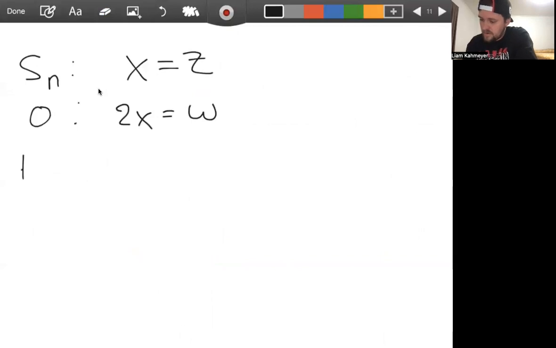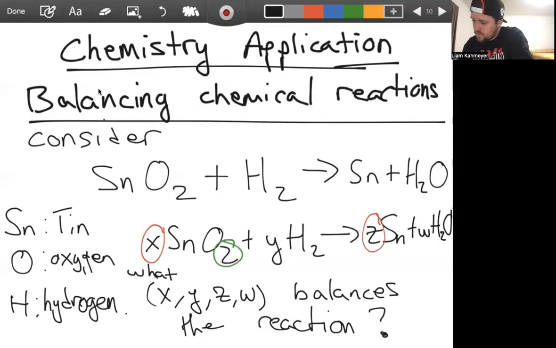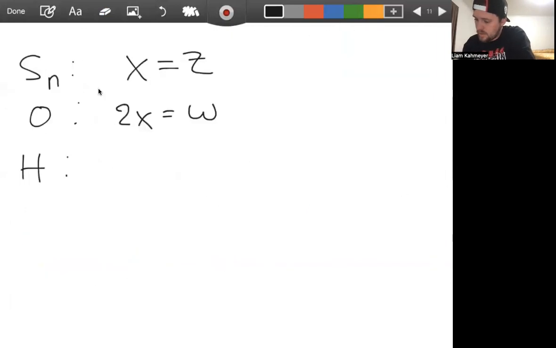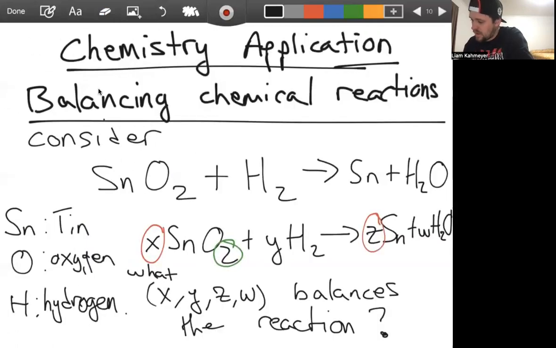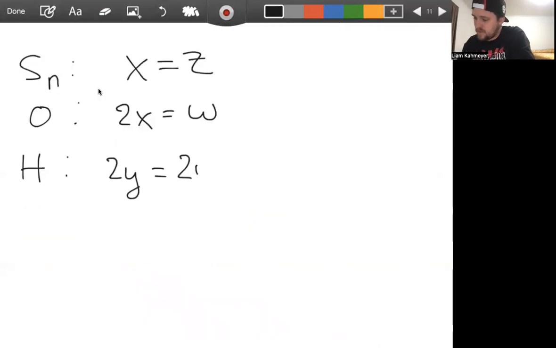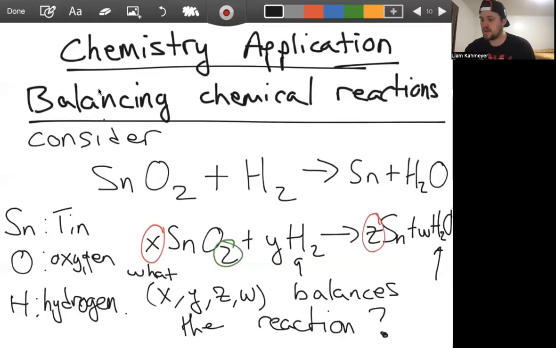And then for hydrogen, we have nothing in the first term. Then we'll have 2y equals, so we have 2 hydrogen here, 2 hydrogen there, so 2y equals 2w. So you see how you can set up this system of equations just by looking at the coefficients element by element.